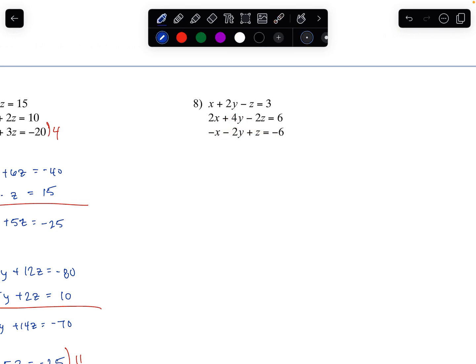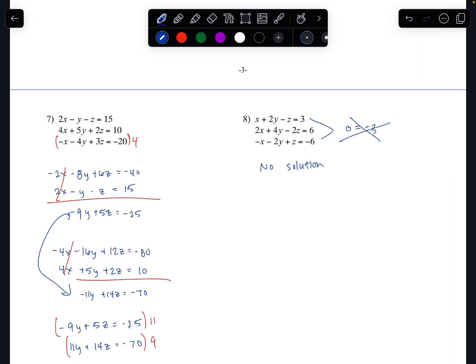So when I add these together, okay, look at that. The x is going to cancel. The y's are going to cancel. The z's are going to cancel. Oh, that means that's going to be 0 is equal to negative 3. And that's not true. No solution. Oh my gosh, that was way quicker. Alright, sweet.